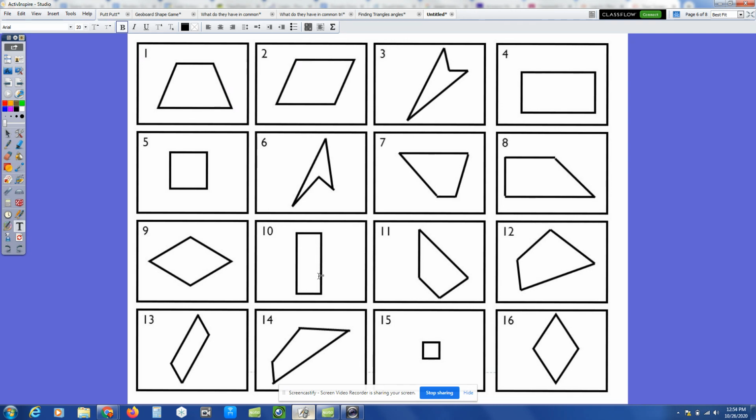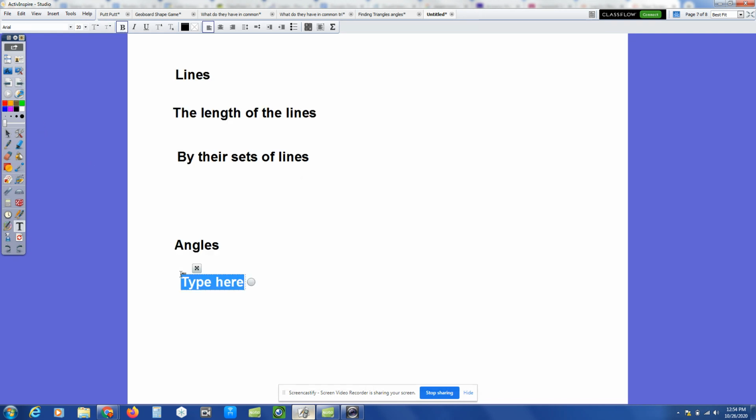So separating shapes into whether or not they have all right angles, some right angles, or all acute and obtuse. And you say that because you can never just have all acute angles or all obtuse angles in a quadrilateral.